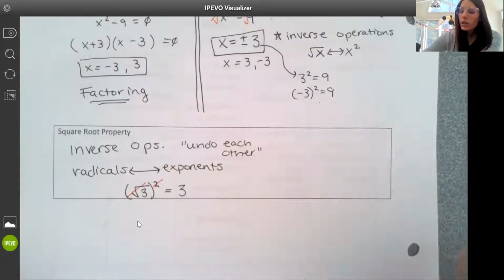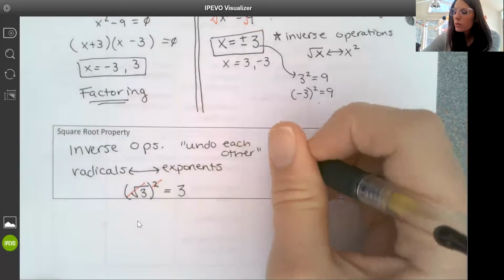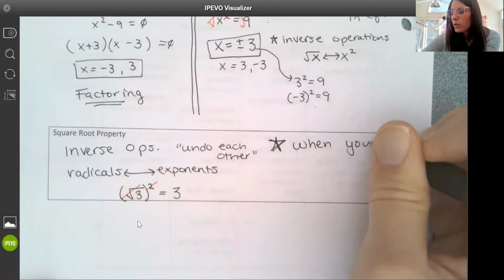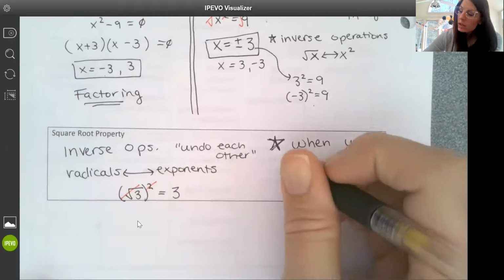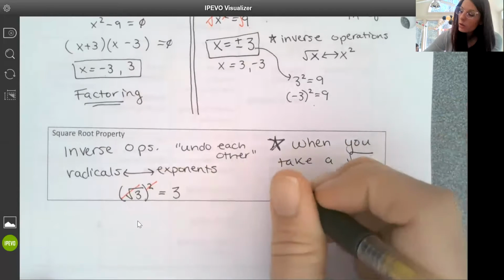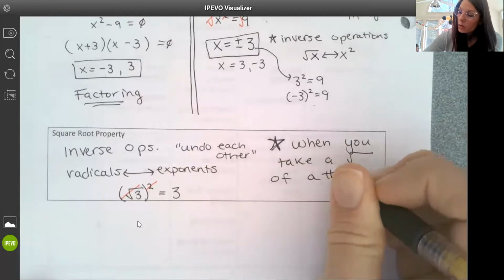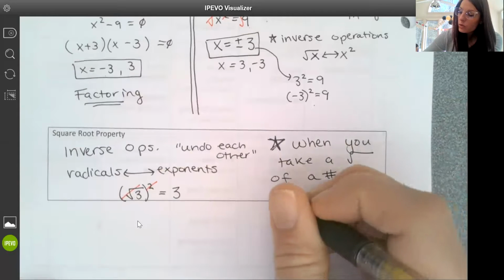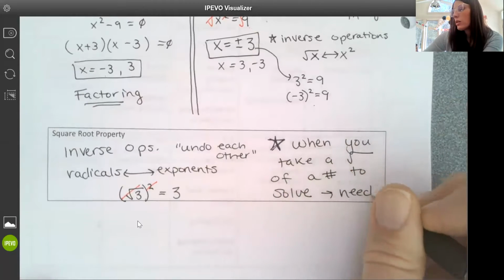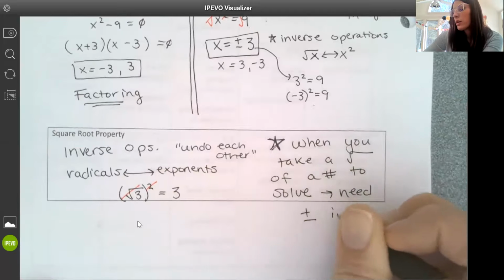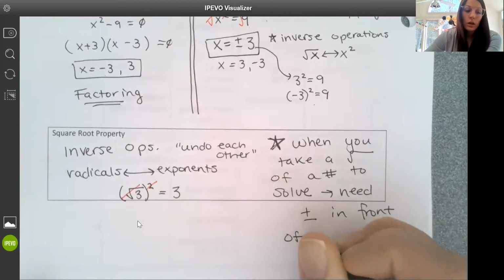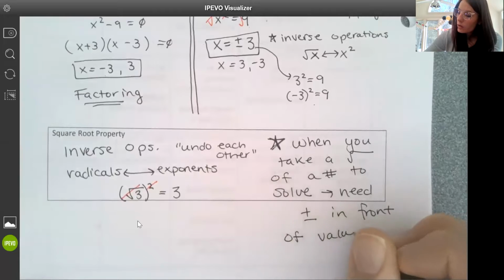Now, another really important thing we need to know as we work through these problems is when you take the square root of a number to solve, we need plus or minus in front of the value.